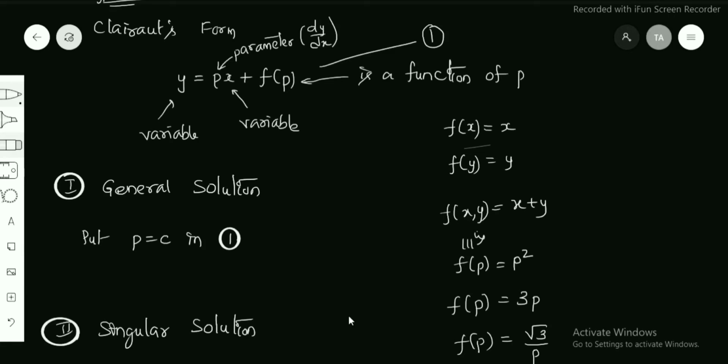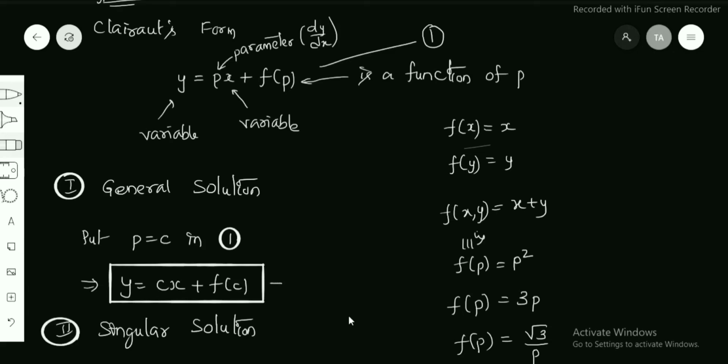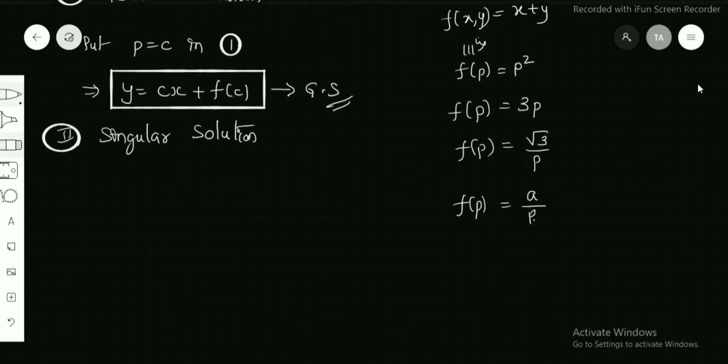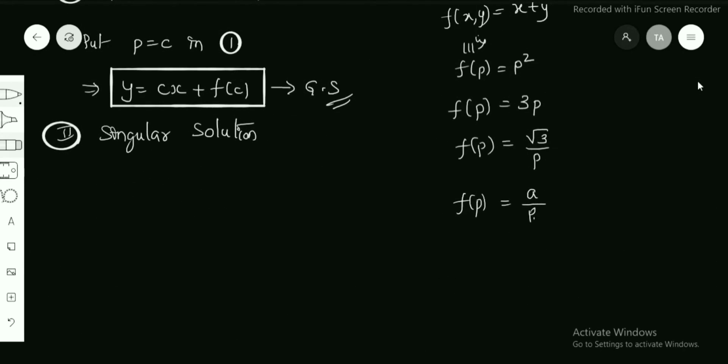So when we substitute p is equal to c in 1, what do we get now? y is equal to cx plus f of c. Okay, this will be our general solution. That's all.